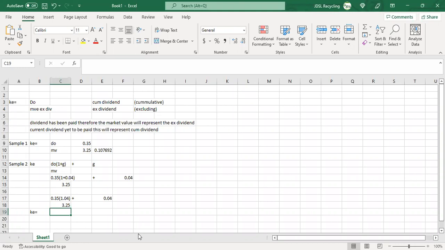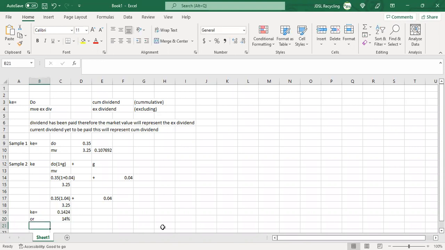What do we have? 0.1424. So approximately, this is 14%.